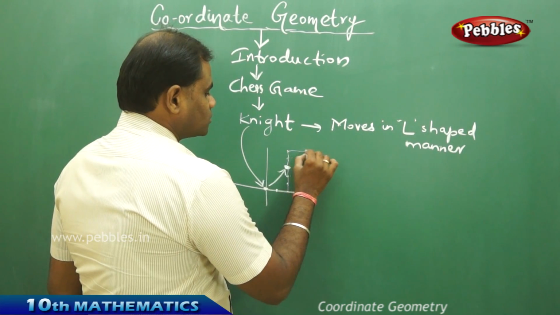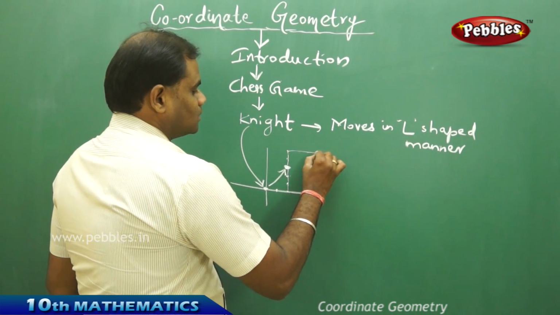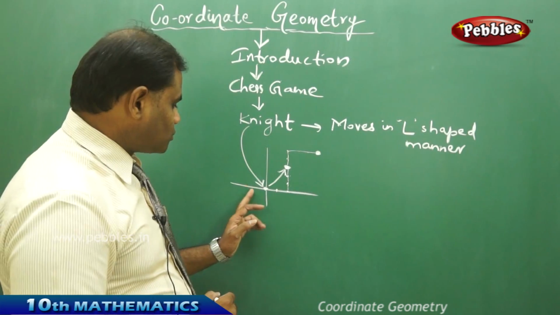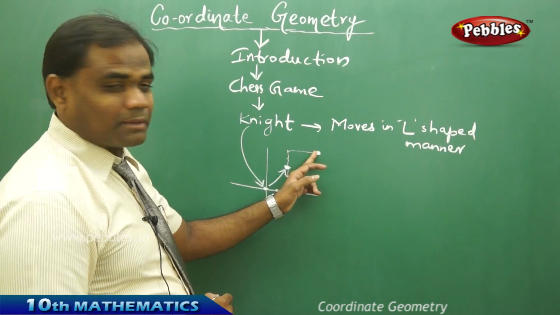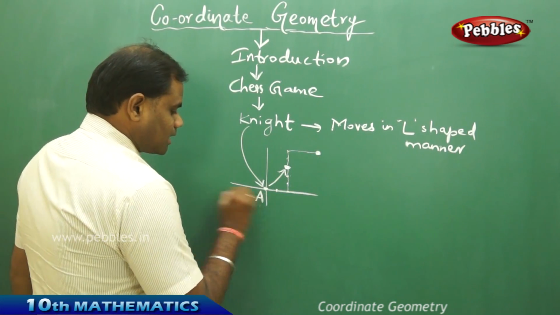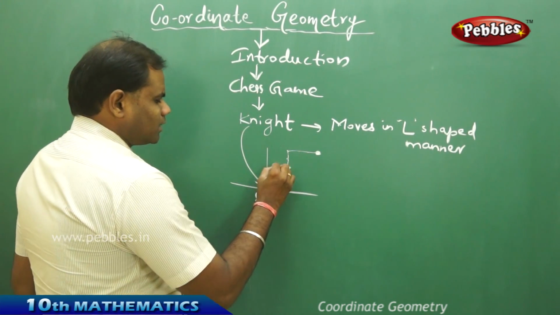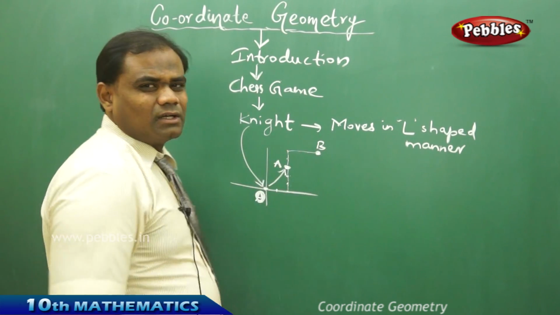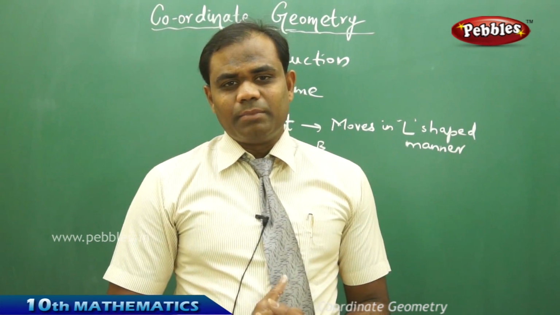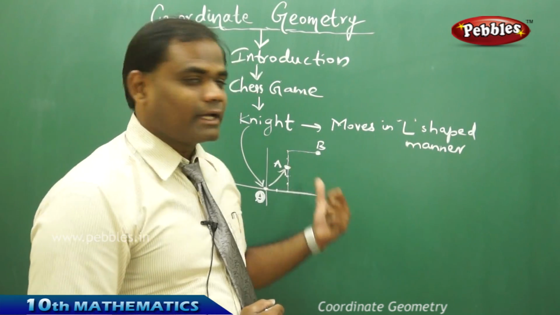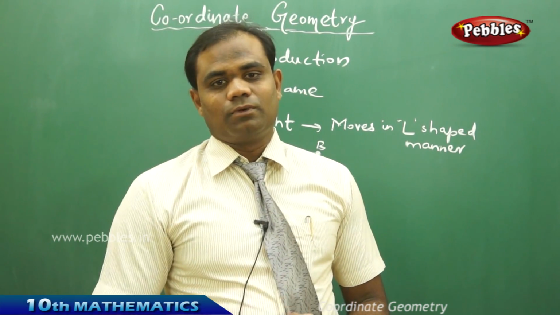Say I have again moved on the chessboard to here. So finally, I wanted to know in 2 steps where this knight over here has moved to A and then to B. I want to know the positions of A and B of the moving of the knight in an L-shaped manner on the chessboard.